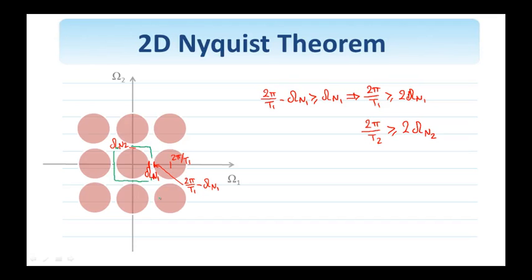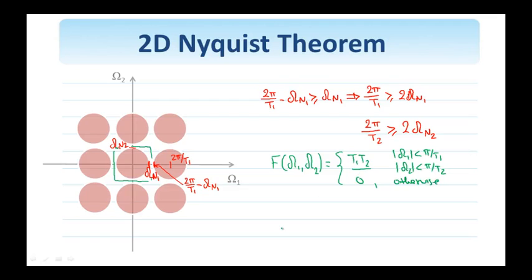So this low-pass filter, let's say F(ω1, ω2), should be equal to T1 T2 as long as ω1 is less than π over T1 and ω2 is less than π over T2, and 0 otherwise.